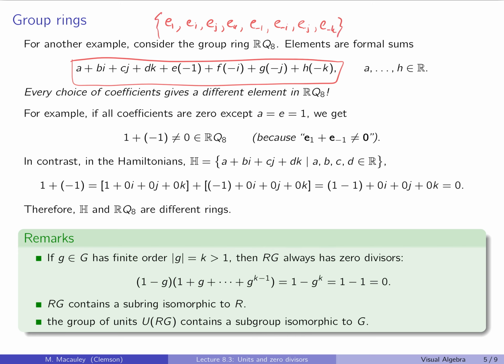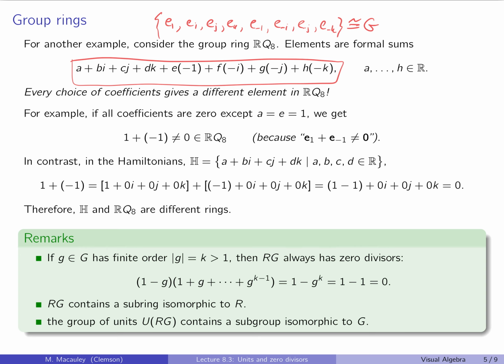These are elements in the group ring. Each one of them you get by taking this linear combination and setting 7 of the coefficients to be 0 and the other one to be 1. And this is going to be isomorphic to the group G.